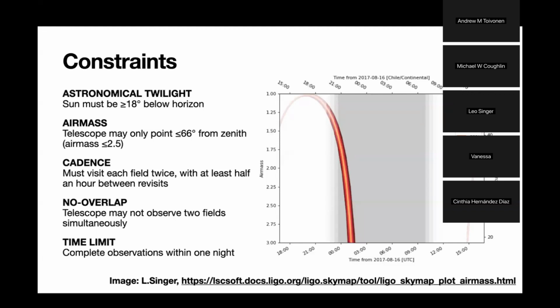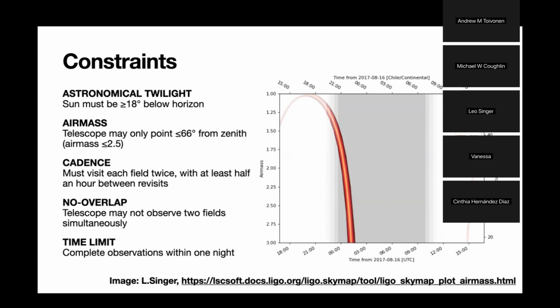Air mass is a dimensionless quantity that describes that amount of attenuation, and it's related to the angle from the zenith. So basically what it's saying is that we want to observe sources when they're high in the sky.